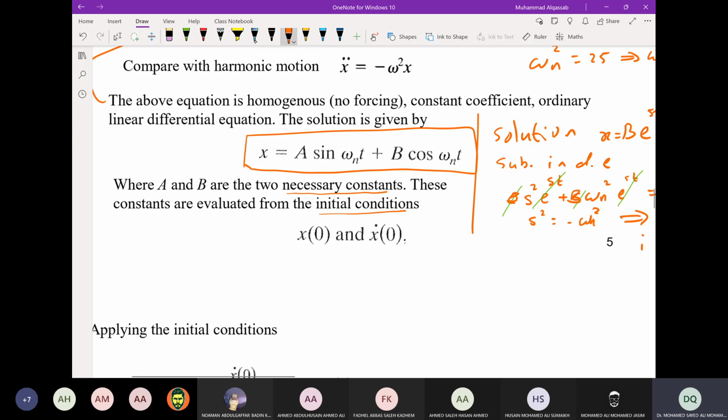Initial conditions or disturbance, initial disturbance, a disturbance from equilibrium. So the disturbance or initial conditions are two: the initial displacement and initial velocity.